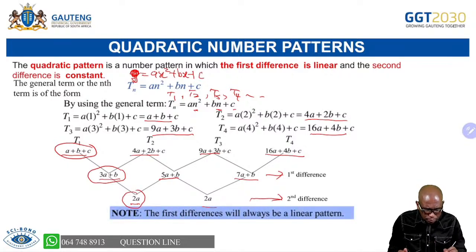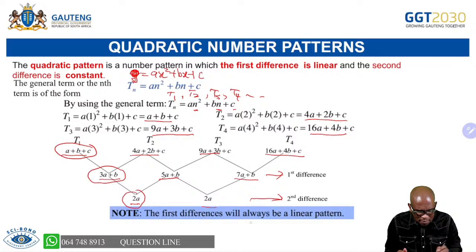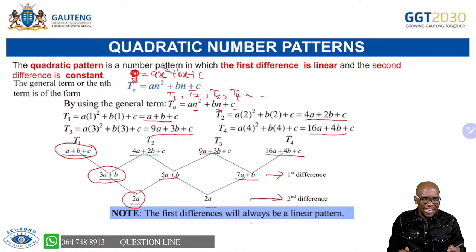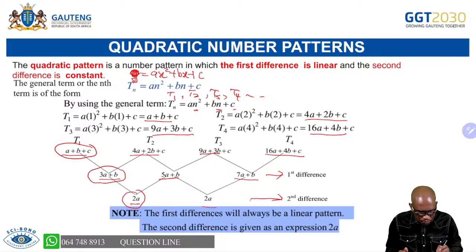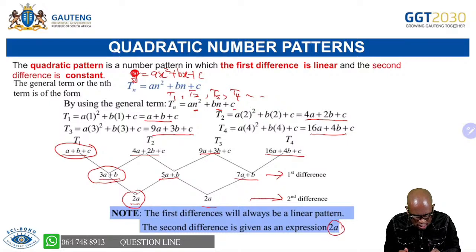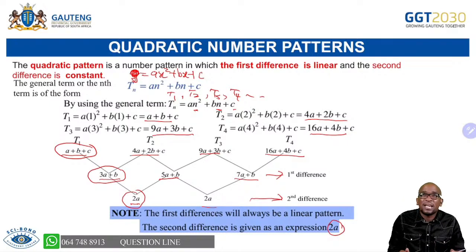So now, note, the first difference will always form a linear pattern. And the second difference is given by the expression 2a. It's constant, 2a.